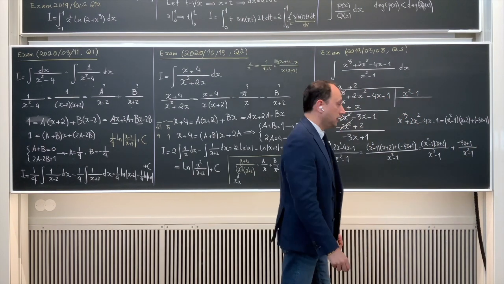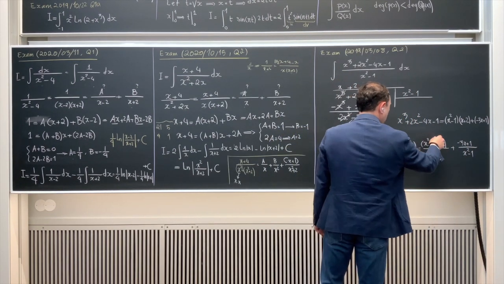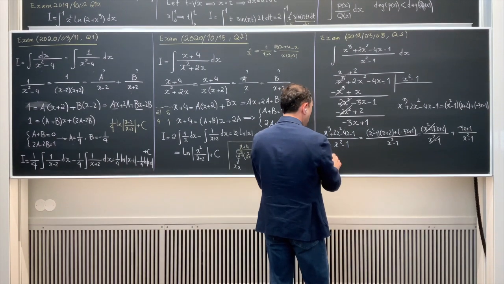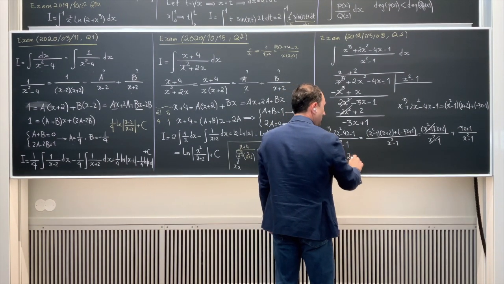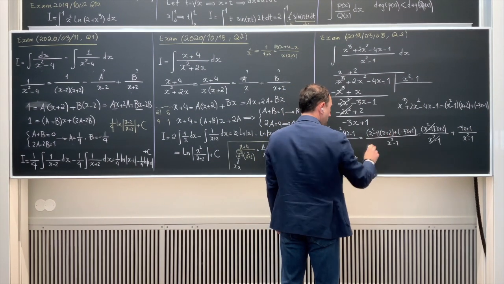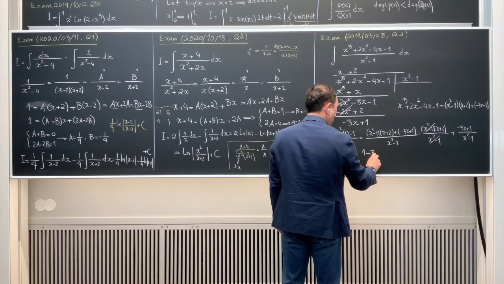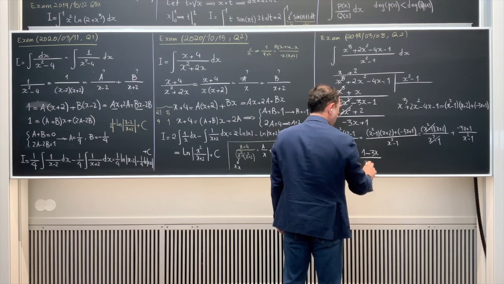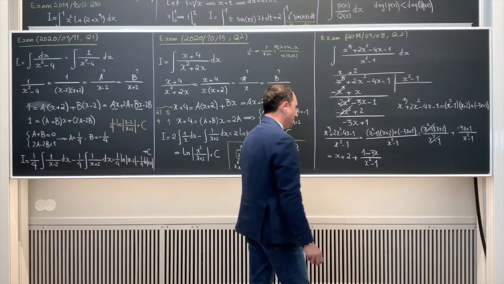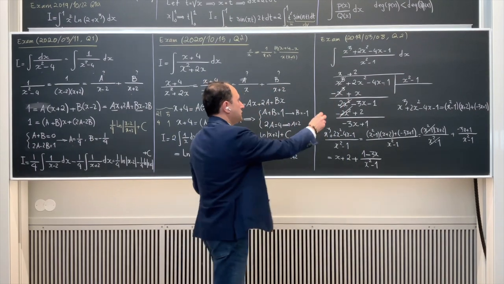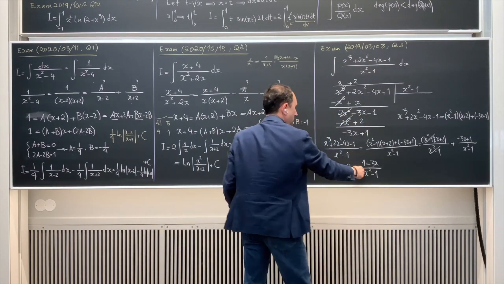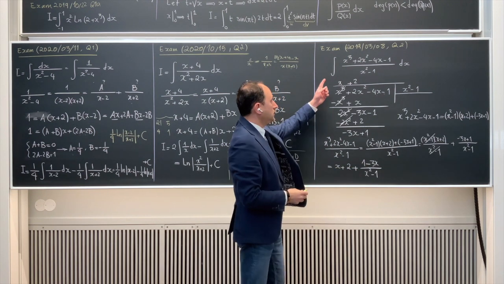Yes? And now what happens, this one and that one are cancelled, so this expression becomes x plus 2, and then I have plus, in the numerator, 1 minus 3x, over x squared minus 1. So we realize that this fraction can be written in this form, and I want to integrate.